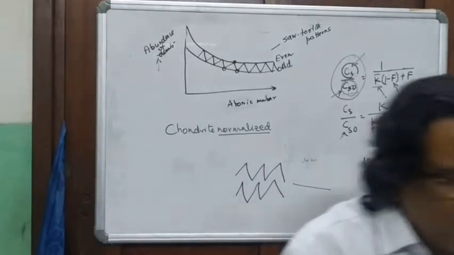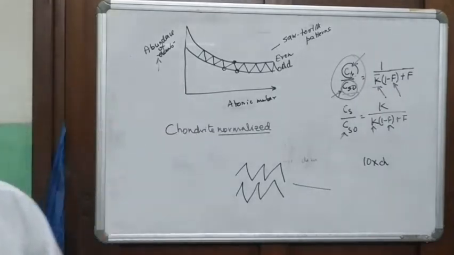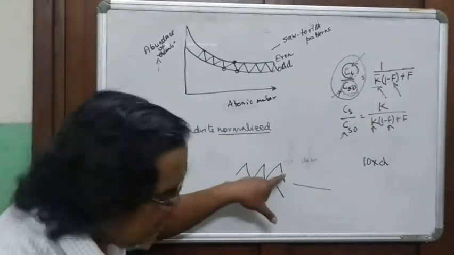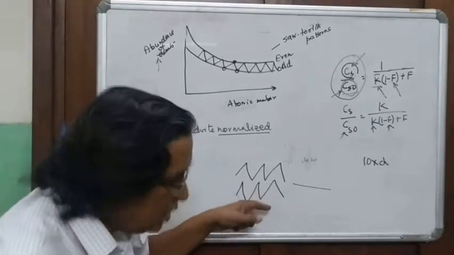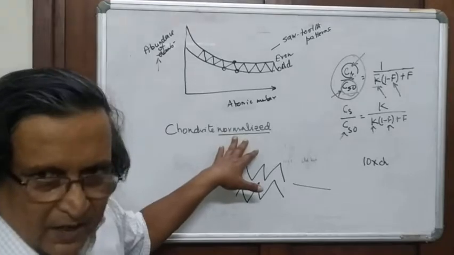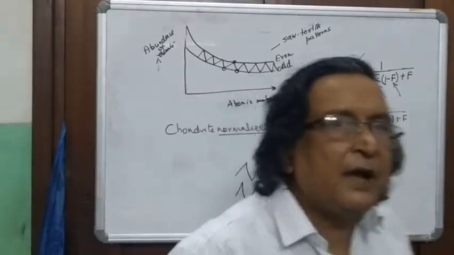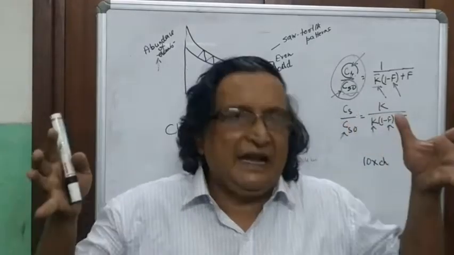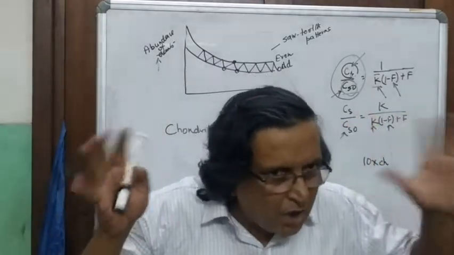So this is the basic theory of the Masuda Coryell suggestion: if you have a sawtooth pattern of a rock divided by a sawtooth pattern, normally we do it chondrite normalized, it's very common, or somebody uses a model primordial mantle composition. These are all models.